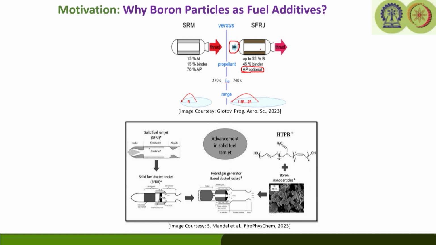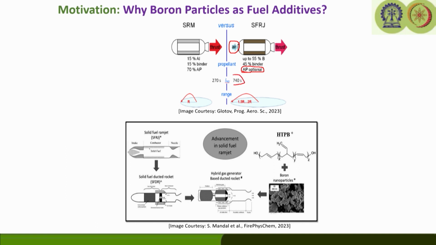So, we do not have to carry much oxidizer directly in the solid fuel. In that case the range can be increased 1.5 to 2 times, as you can see here.